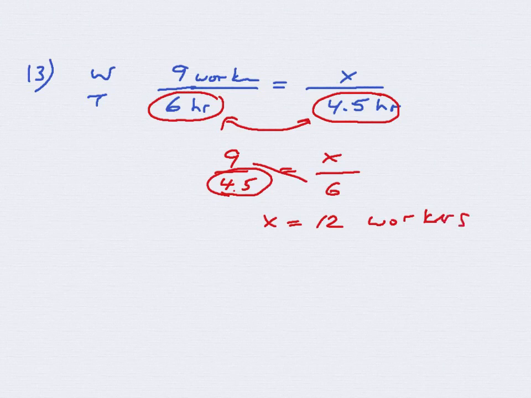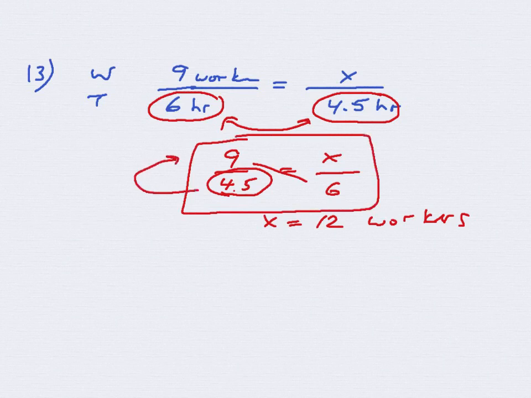If you went from 9 workers up to 12 workers, you could get the job done faster. That makes sense. The way it's set up in our second fraction, which I'll put a box around, you can see the numerator is exactly double, so it makes sense that the second fraction should also be double, which is 12 workers.